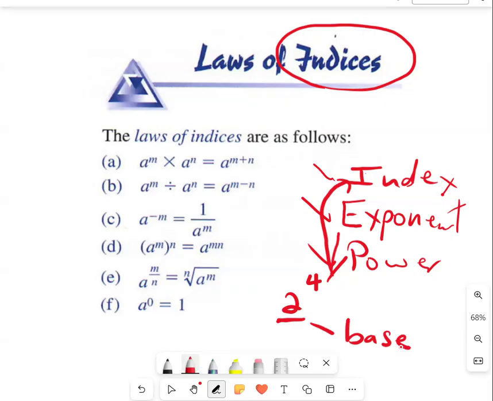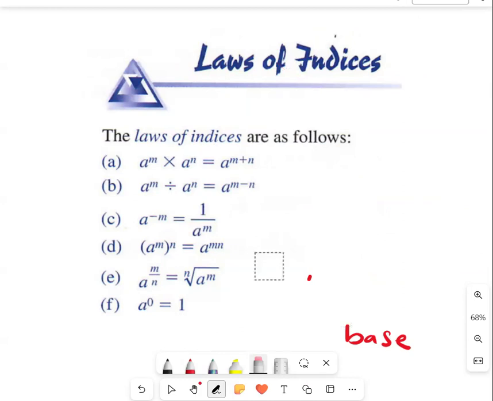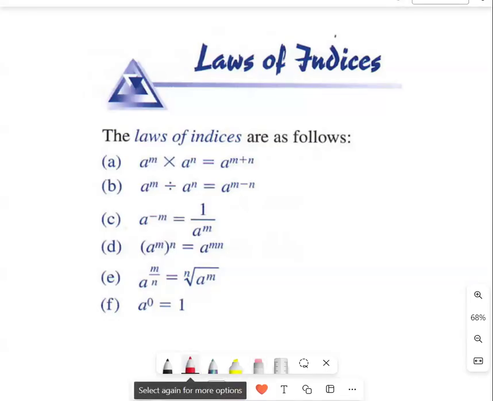If you notice the laws, this here captures the laws. The base has to be the same before these laws apply, especially these here.